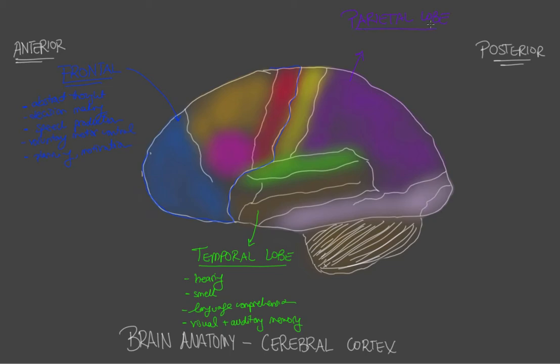So the parietal lobe is important for somatic sensation, it receives somatosensory information from the body, such as touch, pressure, vibration, temperature information. And it also has some language processing functions, as well as sensory integration functions.